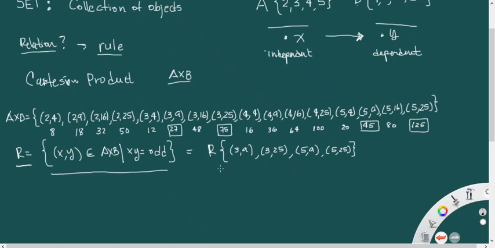So now this is an example of a relation between the elements of some sets.